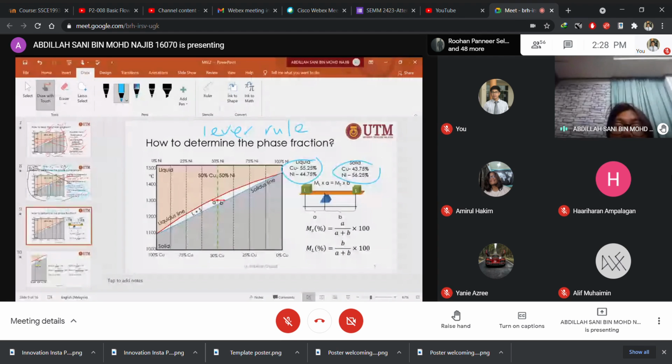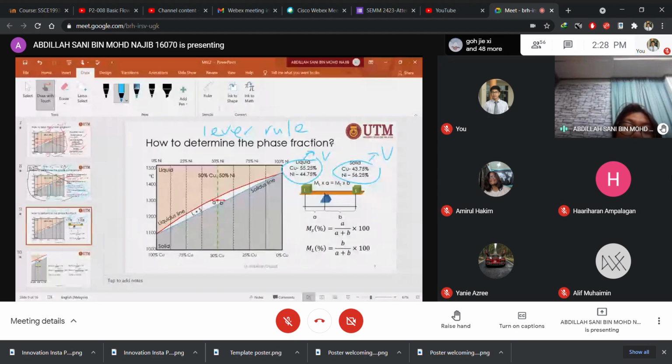how much is the volume of this one, how much is the volume of this one, the fraction, how many percent. So from the tie line, you divide it into two, from this line to the center, our exact composition.